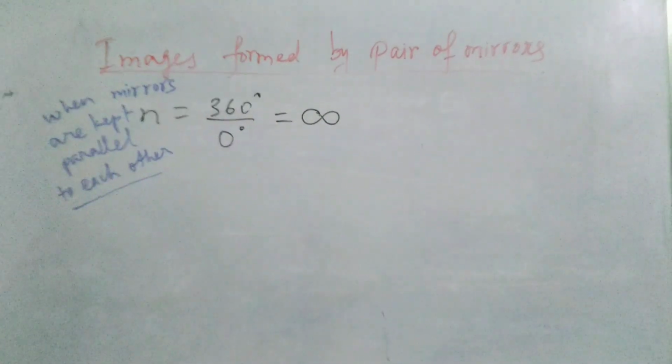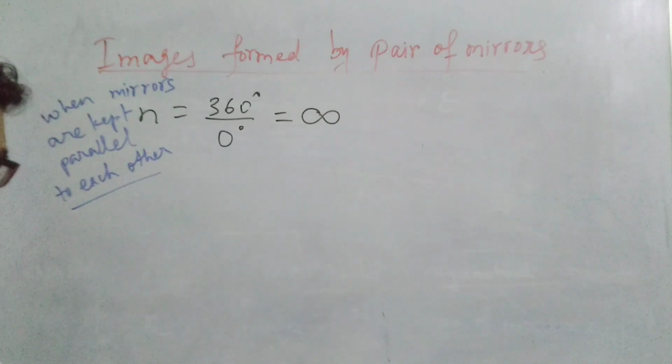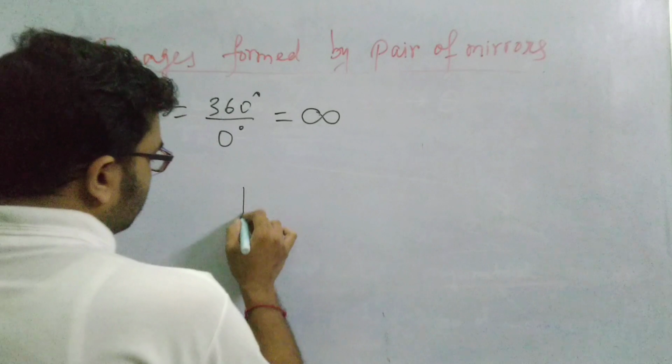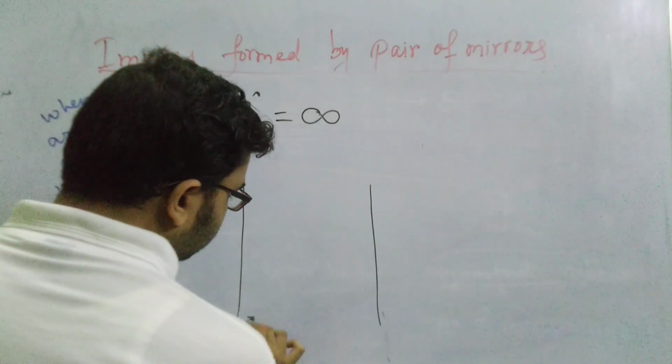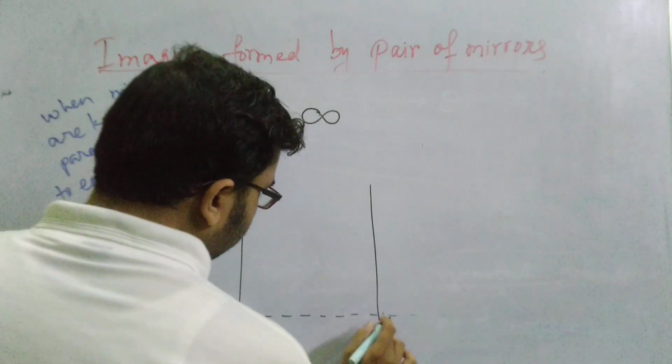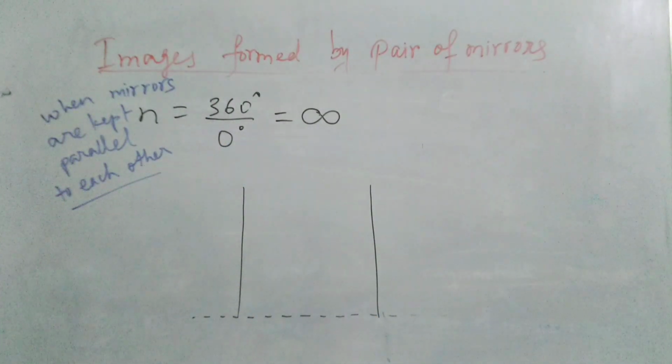Now if we see the ray diagram, what will it look like? These are the two mirrors kept parallel to each other, and this is the horizontal ground, say below B. If we keep an object symmetrically or asymmetrically, it does not matter.